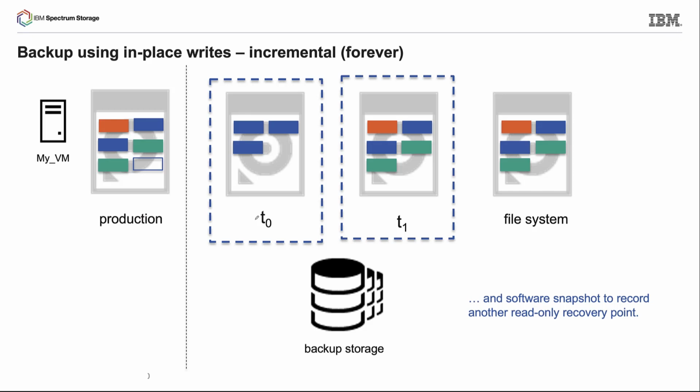And we know that if we want to go back to point in time T1 or T0, the Spectrum Protect Plus catalog knows that this data is located on a specific volume in my backup storage, and it's associated with a particular snapshot. So if I wanted to go back to this point in time, the Spectrum Protect Plus catalog will instruct me where the volume is, where the data is under vSnap, and which snapshot to look at to pull back the image at this particular point in time.